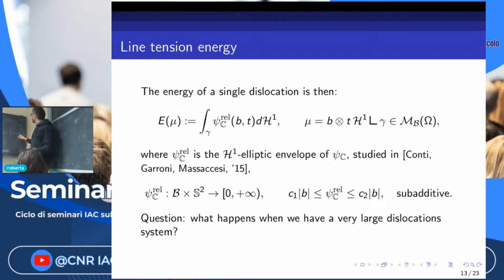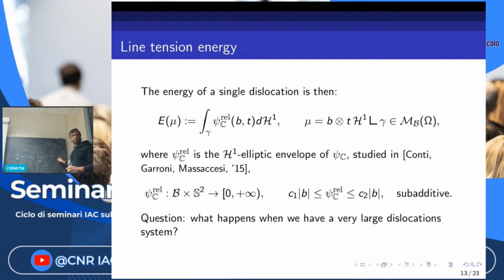Then you allow inside to do whatever you want, and you take the optimal shape. In this sense it is a relaxation, because maybe being straight is not the best option available. Maybe you should do this.